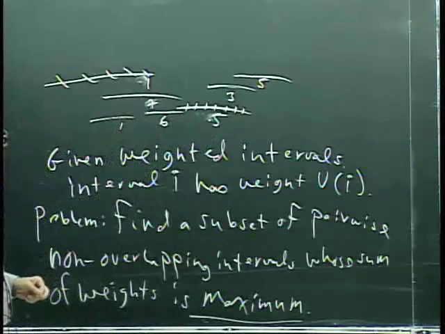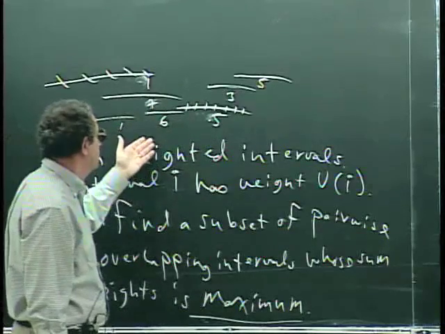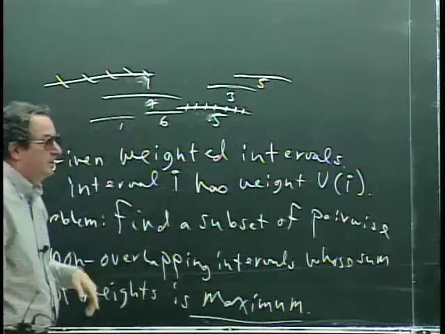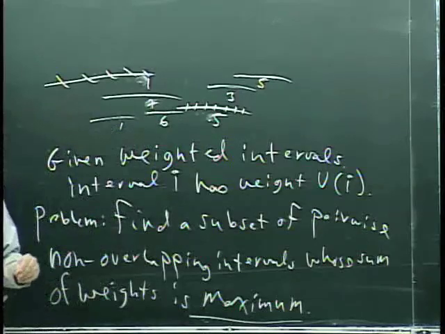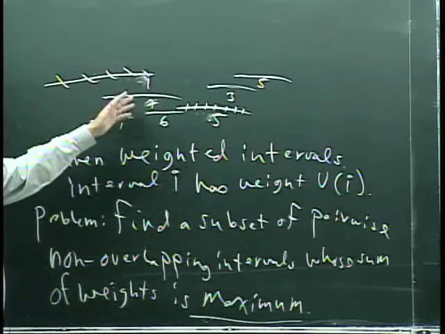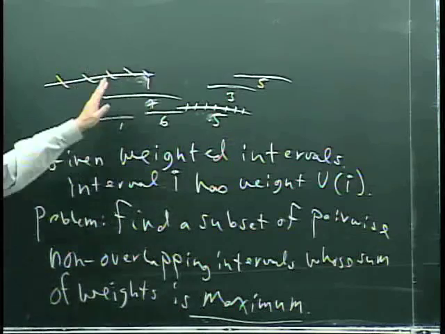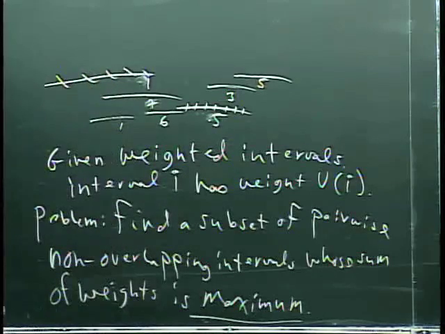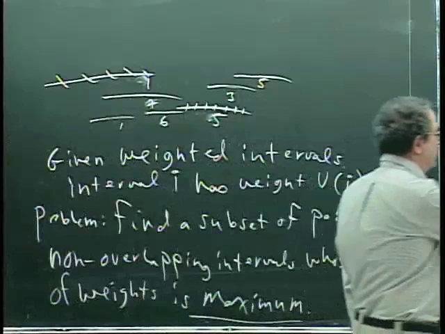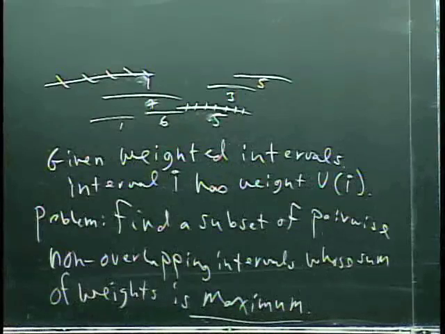And so we'll need another type of algorithm that isn't quite so greedy. It isn't just left to right, pick the next available interval and then exclude the ones that are intersecting.